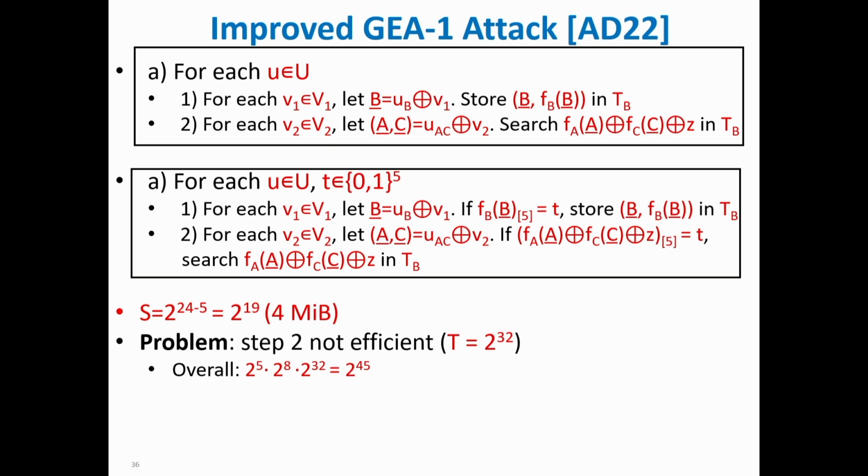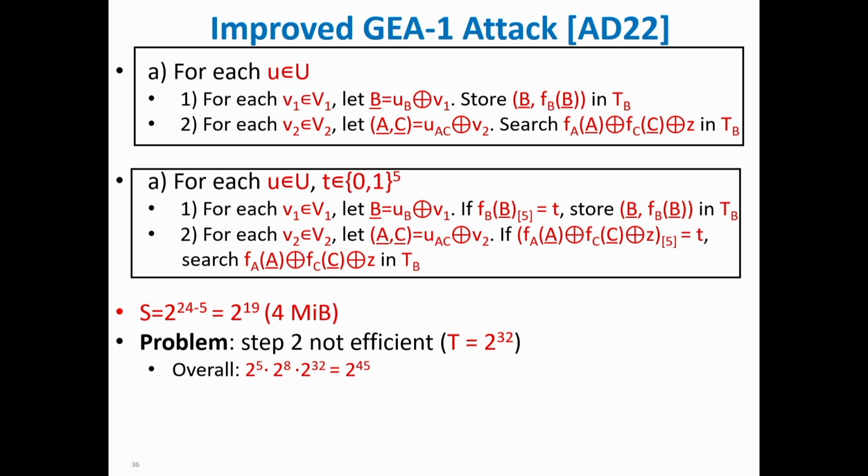We're still iterating over this entire subspace, so the time complexity of the second step is going to remain the same, 2 to the 32. But we've now added an outer loop of 2 to the 5, right? So the overall complexity is going to grow by this factor of 2 to the 5. So it's going to be 2 to the 45. That's not what we want.